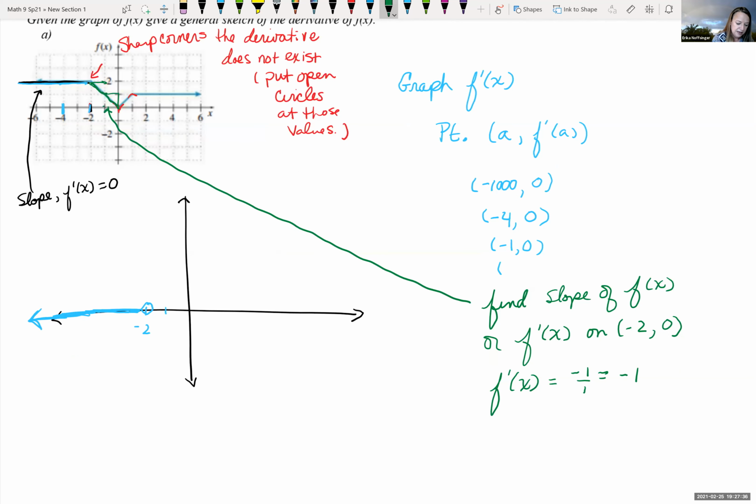So I just want you to be careful because this right here kind of looks like this right here. But this is talking about x values, where over here I was talking about points.